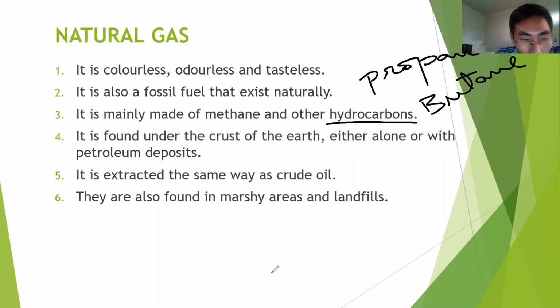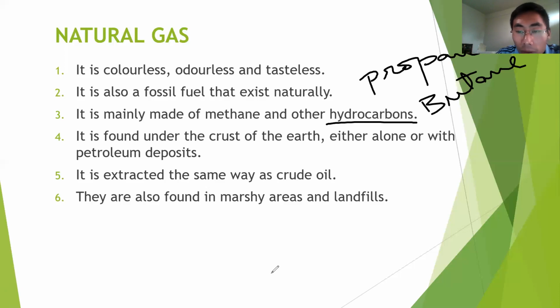Then the fourth point, it is found under the crust of the earth, either alone or with petroleum deposits. That means the natural gas will exist all by itself, alone, or with crude oil in oil reservoirs. And it is extracted the same way as crude oil.